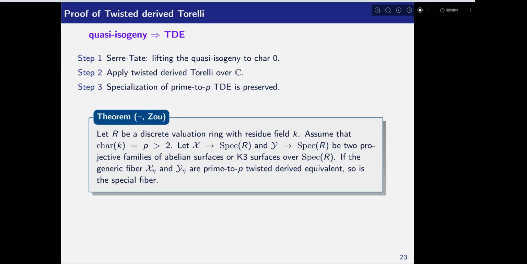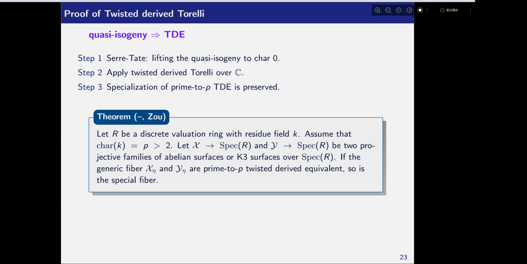Basically, this can be transferred to questions about moduli spaces, and you can use the standard trick that twisted derived equivalence is equivalent to X being isomorphic to the moduli space of twisted stable sheaves on Y. Okay, this isomorphism can be specialized, because they are all not ruled, right?